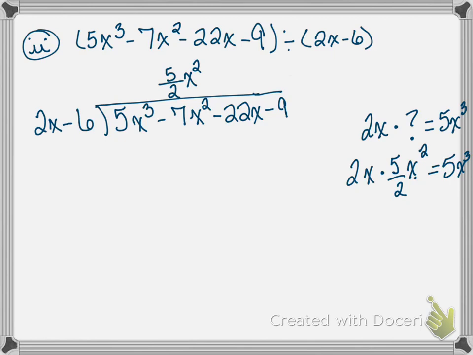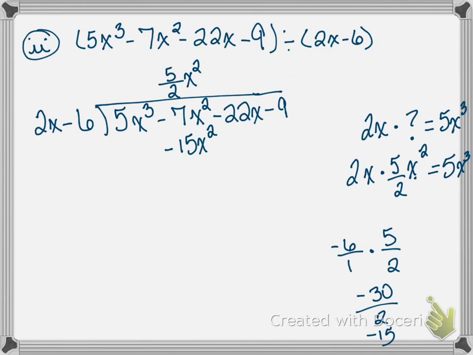And I know that figuring out that 5 over 2 is the tricky part of that. So now we do 5 over 2 times negative 6. So that's negative 6 over 1 times 5 over 2. Okay, we get negative 30 over 2, which is negative 15. And that's going to be negative 15x squared.